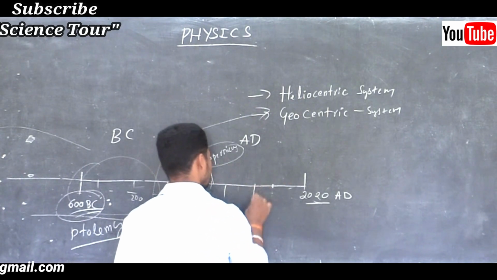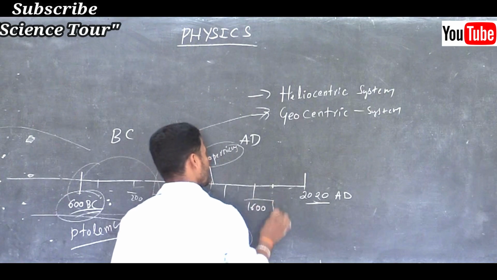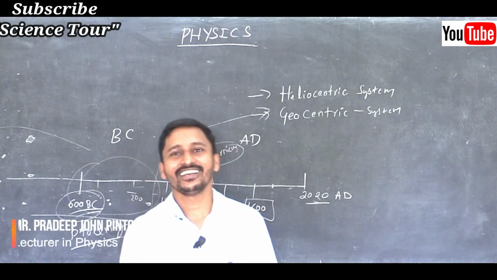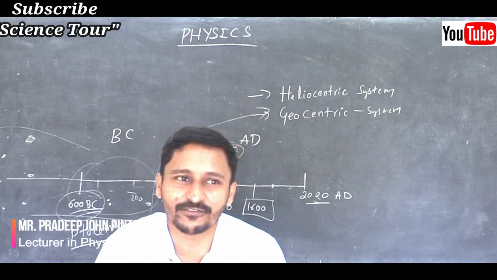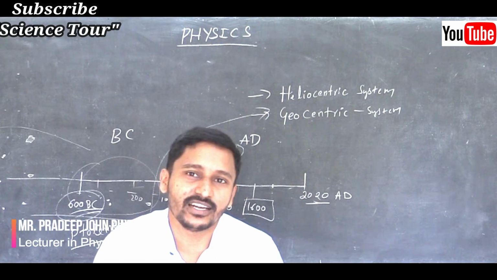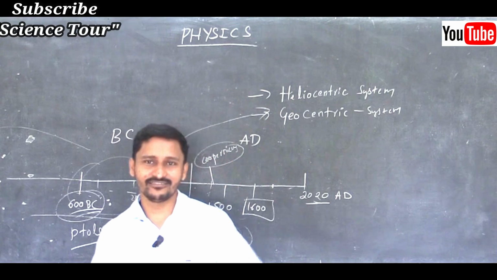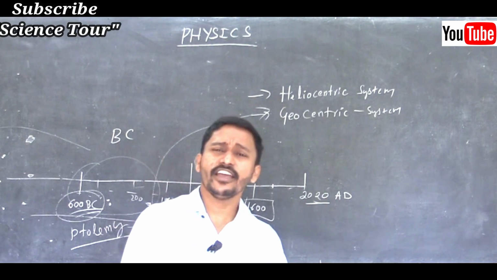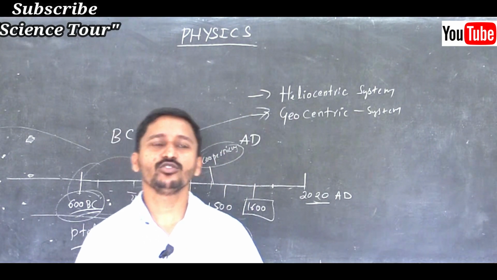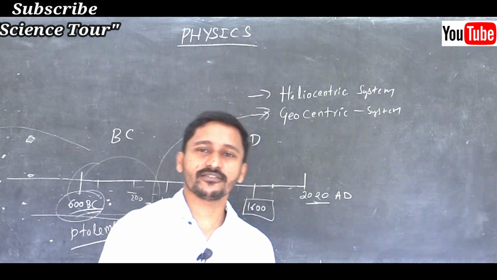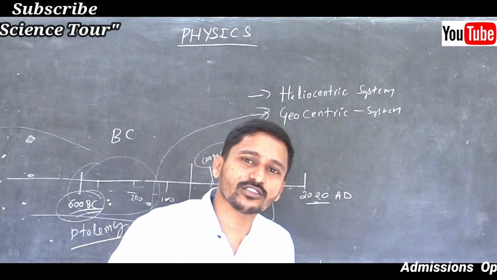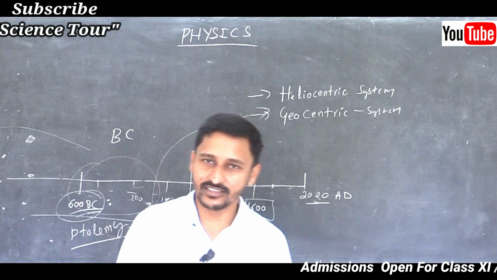At 1600 we got one more genius scientist, or physicist, in our physics, nothing but Sir Isaac Newton. He made the revolution. In every field, Newton has his work. You study about laws of motion, Newton has given his work.